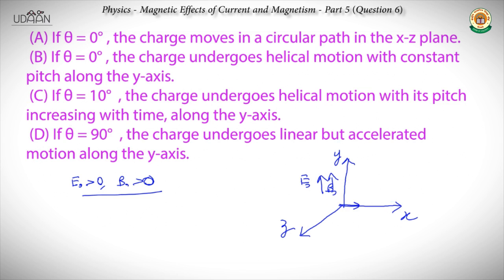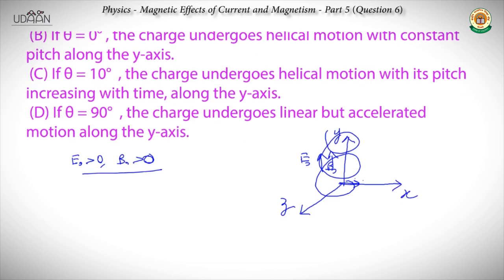Basically, had E0 been 0, the motion would have been circular, because q into v cross B, force would have come here and would have moved somewhere. But because it is not the case and E0 is there, the motion will be starting from here, it will go up with an increasing pitch.